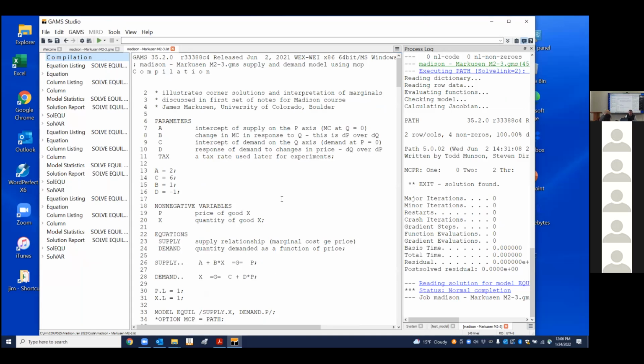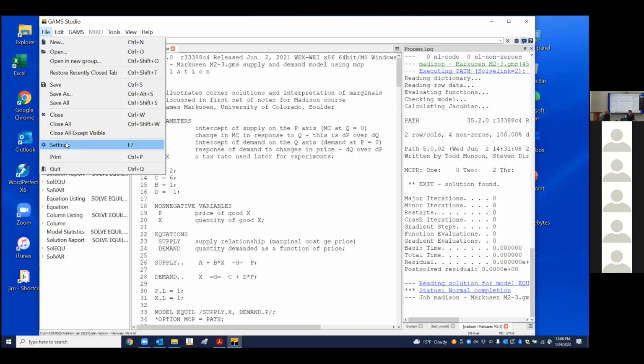Now I have it set so that when you run a program, it automatically opens the listing file, which is the solution that starts with an echo print of the model. But I know Collins didn't. I think that has to be done in the settings. I'm not sure actually.